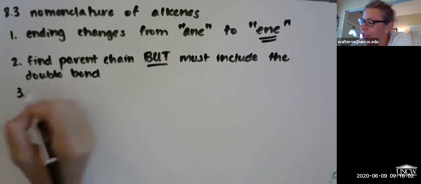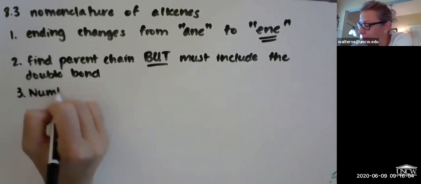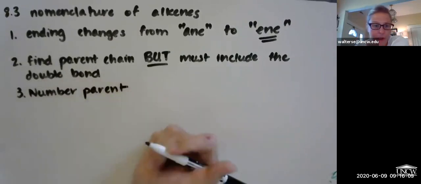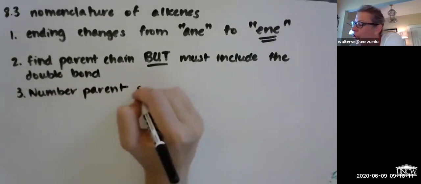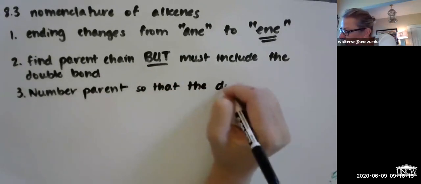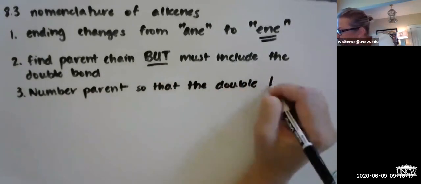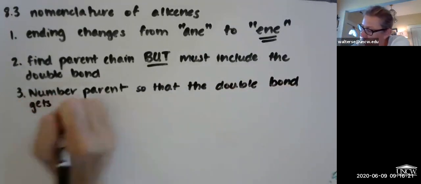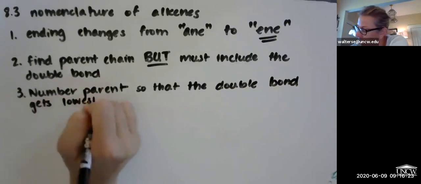Okay. So then you're going to number your chain so that the double bond gets the lowest number possible.